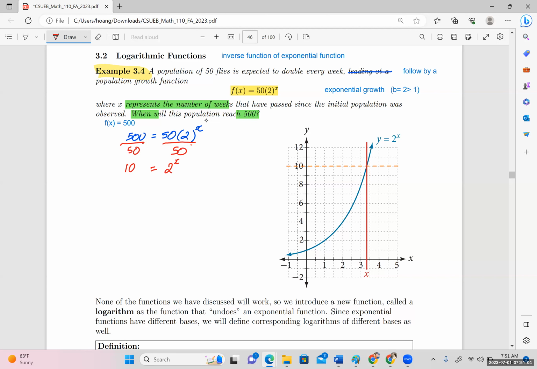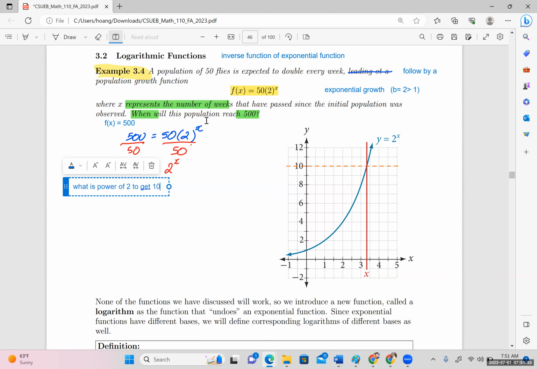Now, how can I solve this one? Keep in mind that my question right now is, what power do I raise 2 to in order to get 10, right?